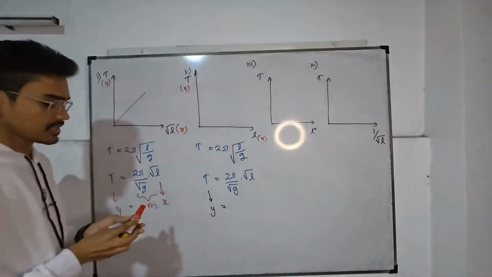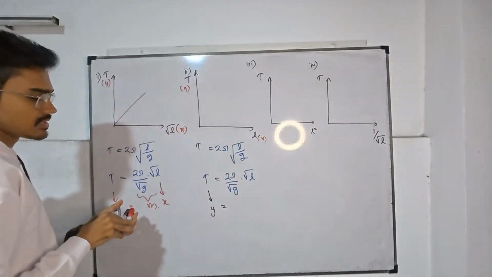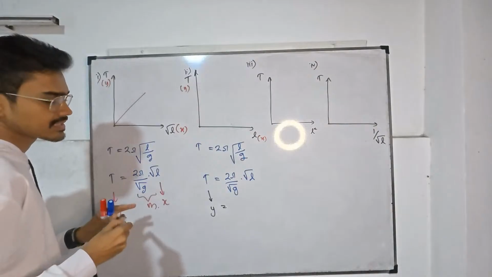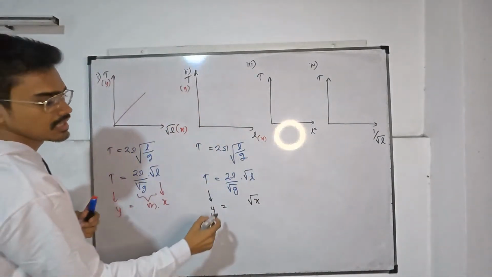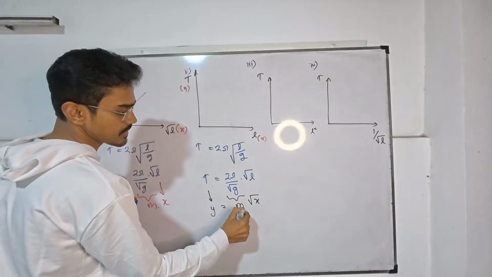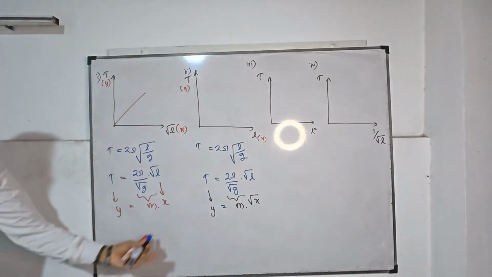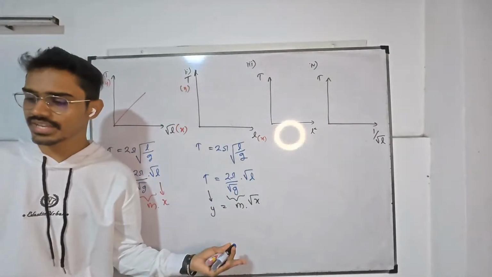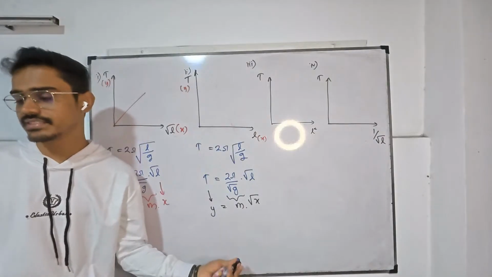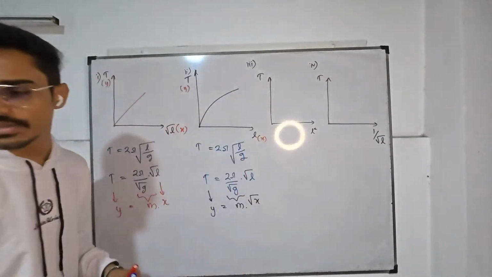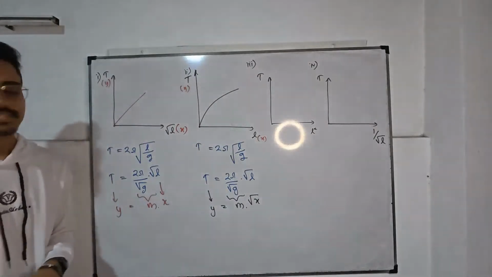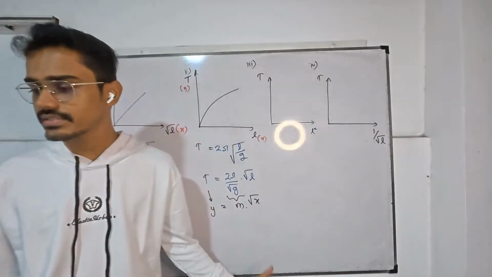So therefore, this is not x, this is root x, because L is x now. And this part, which is the product, is the gradient. So the shape is y equals m root x. Again, a standard shape. This is the shape of y equals m root x.